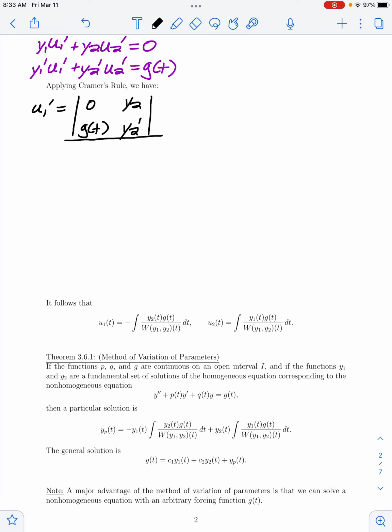And then we would divide by the determinant of the 2 by 2 matrix of coefficients for my system.